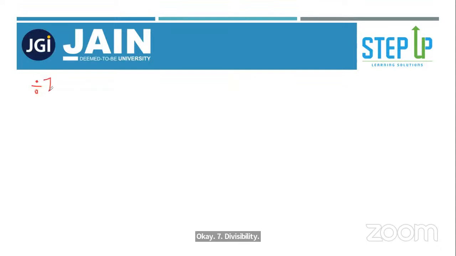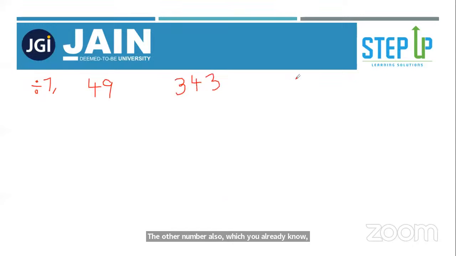I will take 2 examples and do it. One is a number which you already know, 49. The other number which you also already know, 343. Now let's prove that these numbers are divisible by the number given. Okay with that?